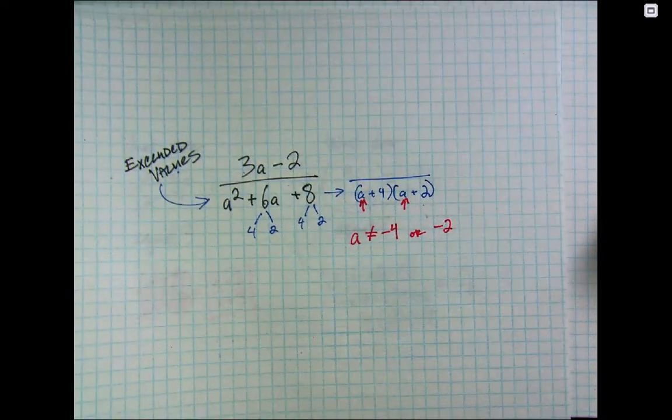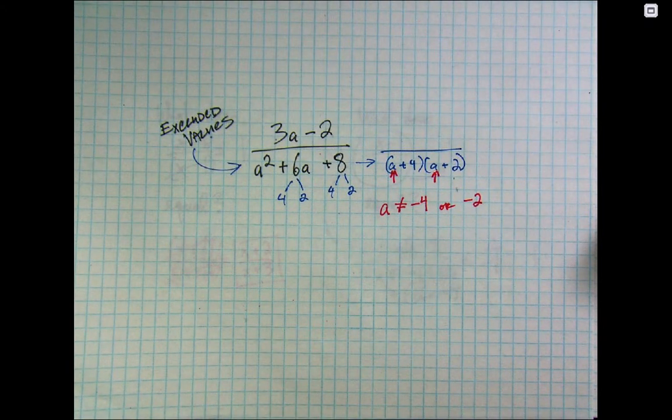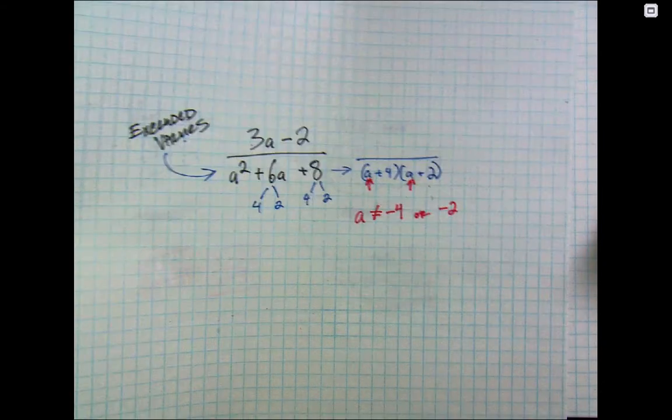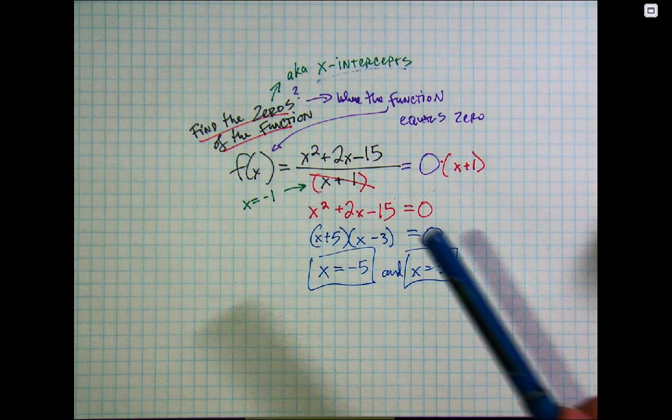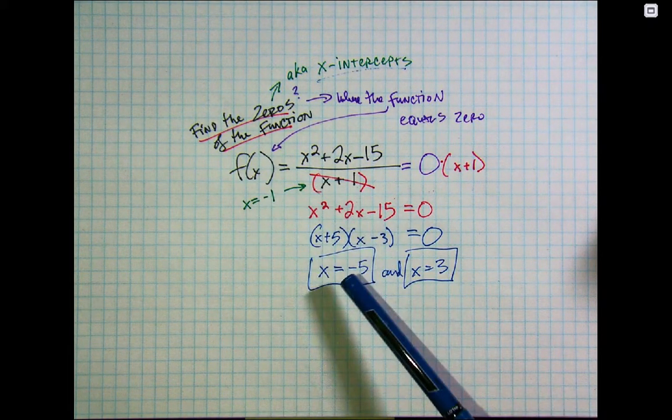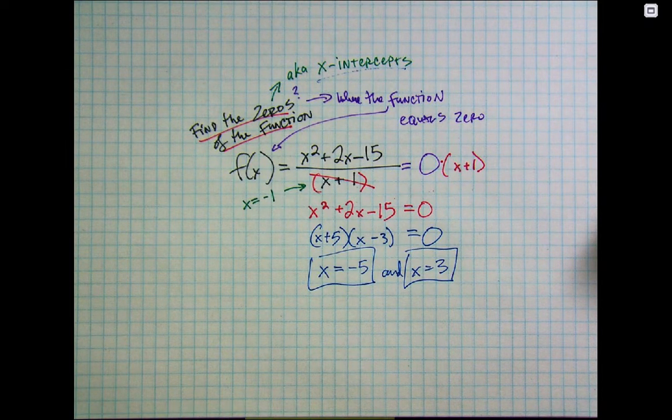And you're going to be finding some excluded values by trying to find out what's going to make a denominator come out to 0. And you are going to find some zeros of functions by figuring out what makes the numerator equal to 0. But remember, excluded values can't be zeros, so be careful with that.